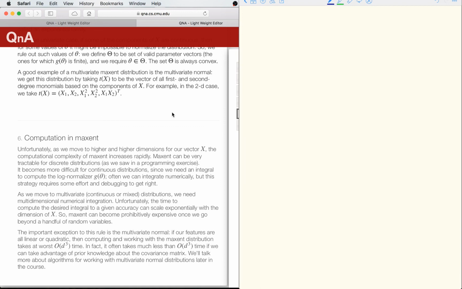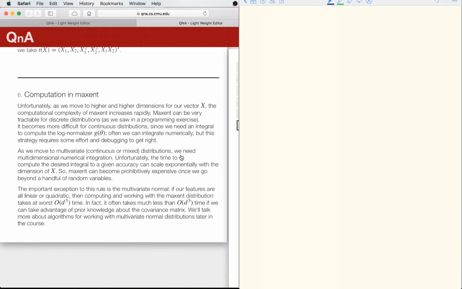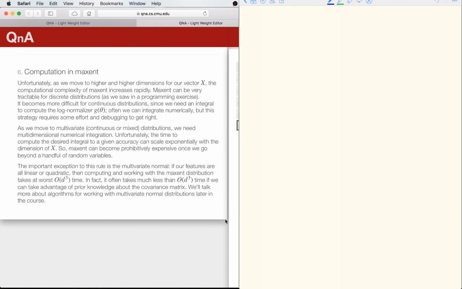Now, when we get to multiple dimensions for Maxent, computation can get really bad. This is something that we're not going to really cover in this course, but effectively, the problem is that it becomes intractable to integrate over a high-dimensional space to get the normalizing constant. Future ML courses say a lot about what you should do to get around that problem.